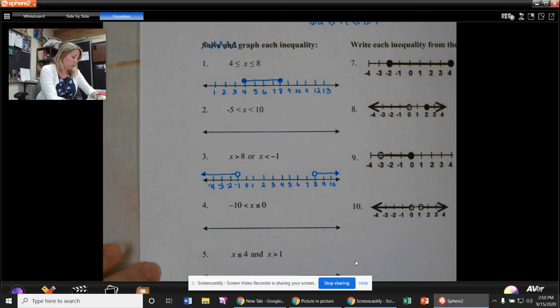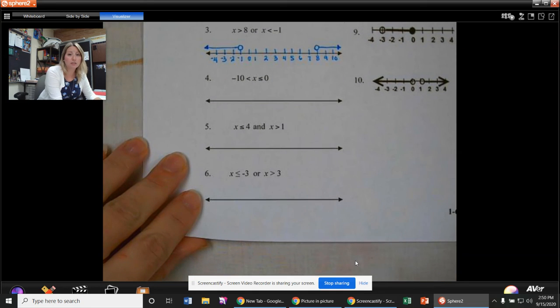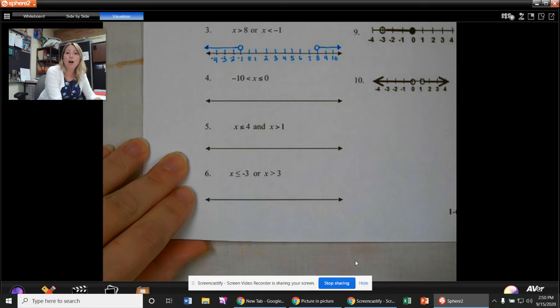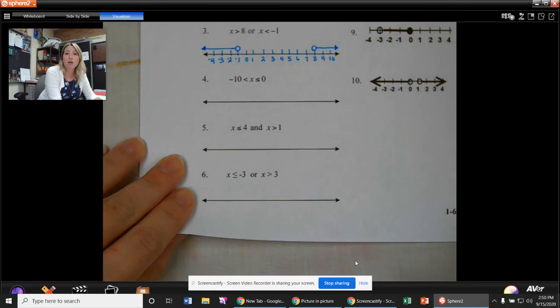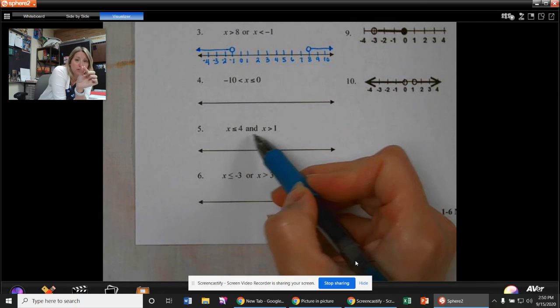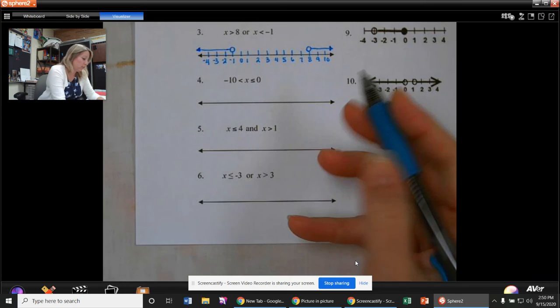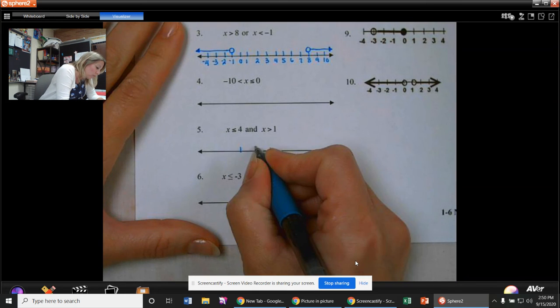So where I really want to show you that is number 5. X is less than or equal to 4 and X is greater than 1. So this was not written as a betweeny inequality. However, the word and tells me both have to be true at the same time. So I still need my values in question.